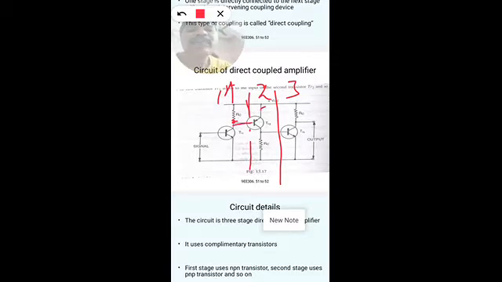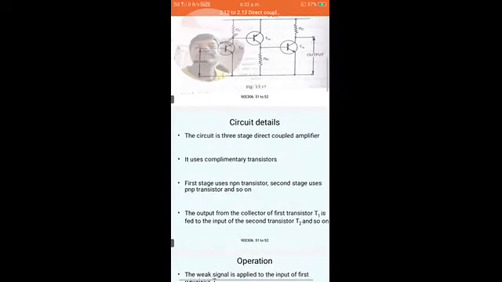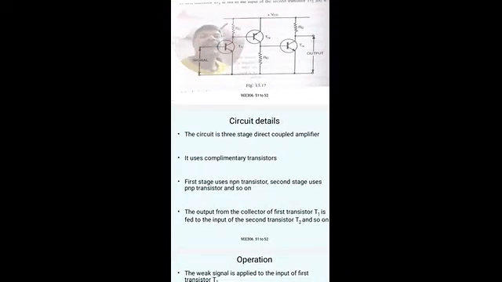Similarly, the amplified output of the second stage is directly connected as input to the third stage without any coupling devices. You can see there is no coupling device, they are directly connected. Hence it is known as a direct coupled amplifier. Here it is a 3-stage direct coupled amplifier.